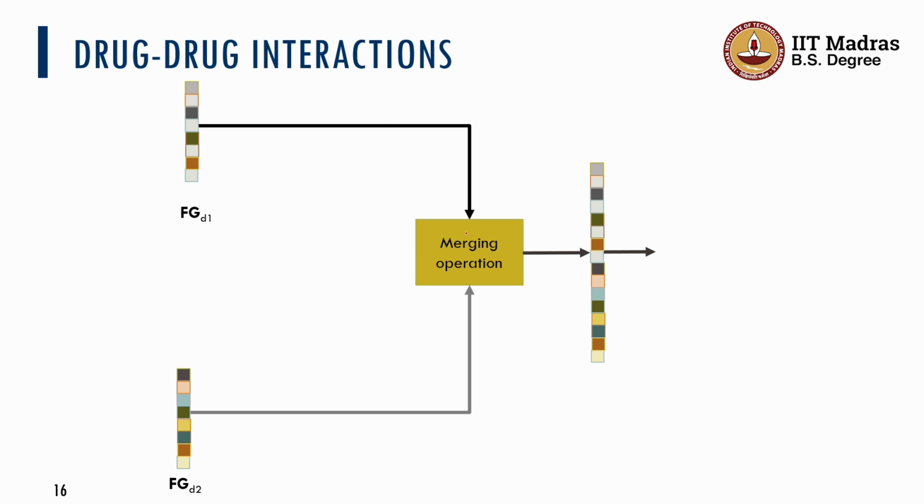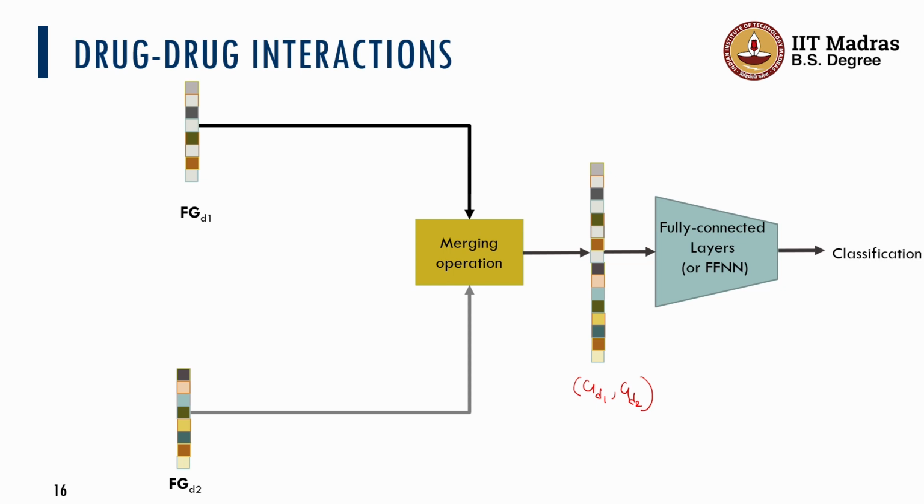This merging operation again can be some kind of pooling operation or just concatenation of the two feature vectors. Once I have the feature for the GD1, GD2 pair, a pair of two drugs, I can again go back to fully connected layers or feed forward neural networks to perform a classification task.